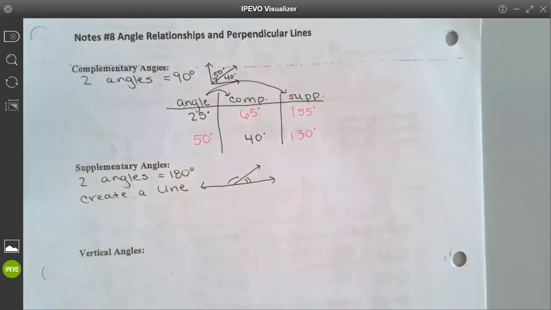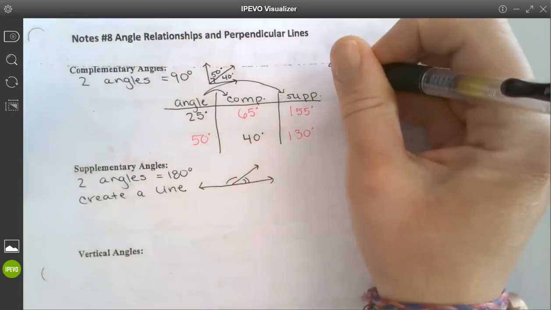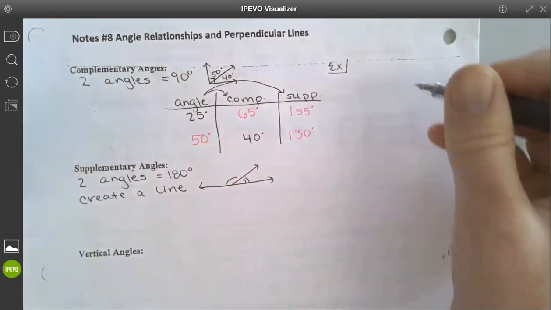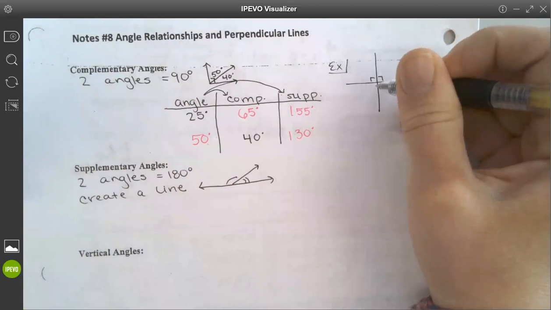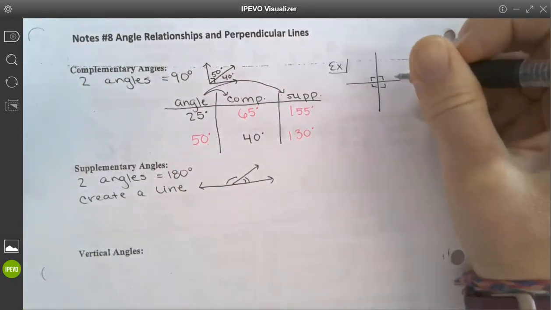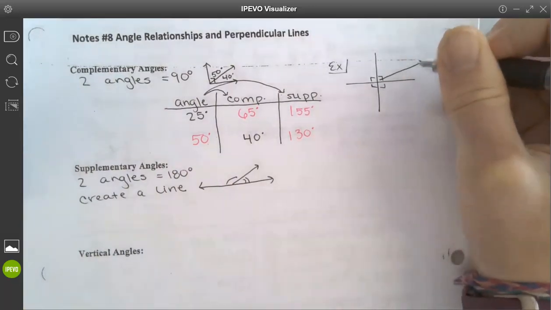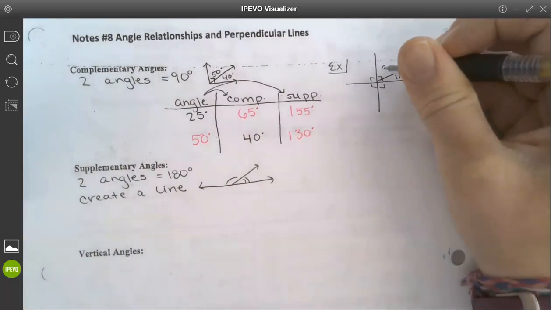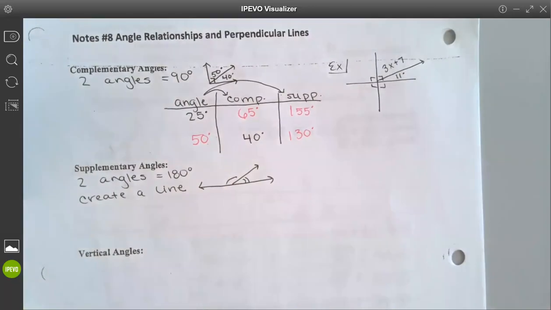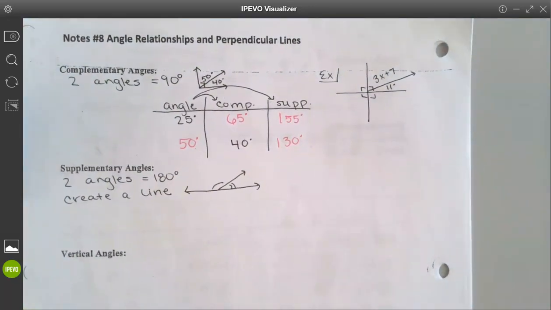Here's the other type of example you may have. I'll give you one for both. Here's 90-degree angles. So there's a diagram.